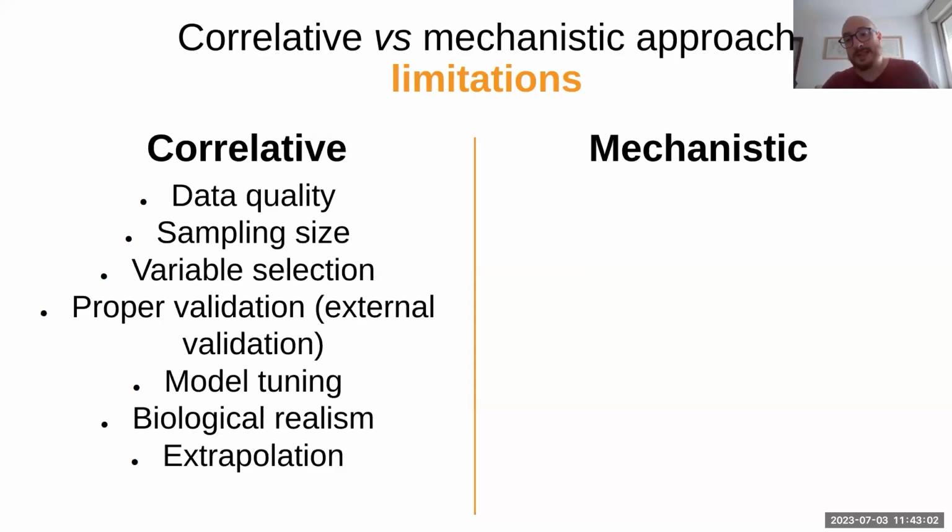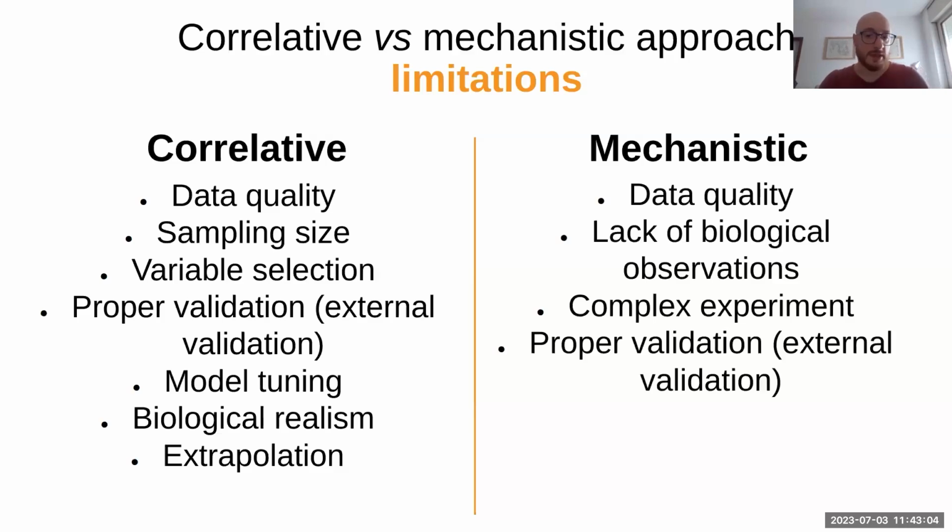On the mechanistic side, we have a similar issue. We have data quality again and lack of biological observation, because as you can imagine, understanding the relationship between a given life history trait and an environmental variable is really costly in terms of time and effort of the experiments you have to carry out.